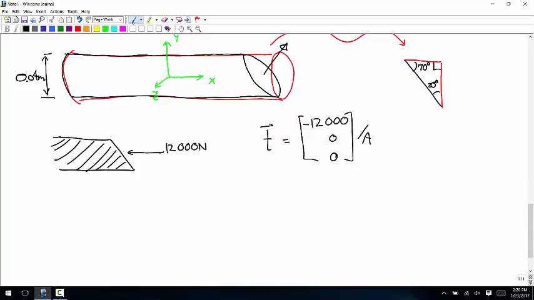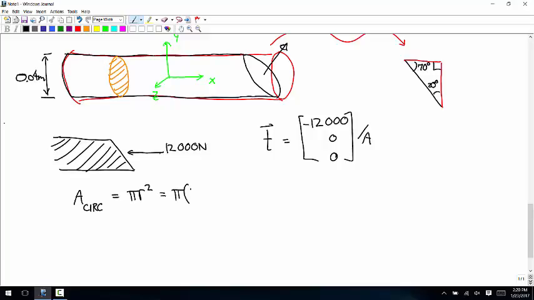Okay, so how do we figure out the area of that face? Well, the area of the circle, so let's think about that. Before we do the incline, the area of the circular cross-section is just pi r squared.